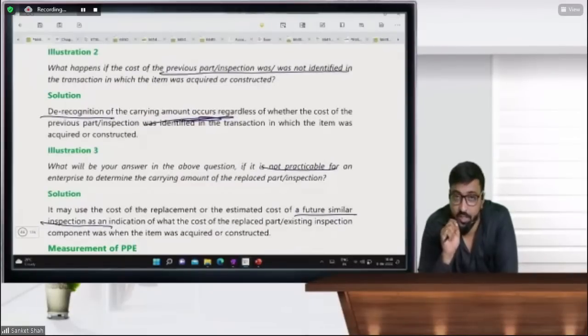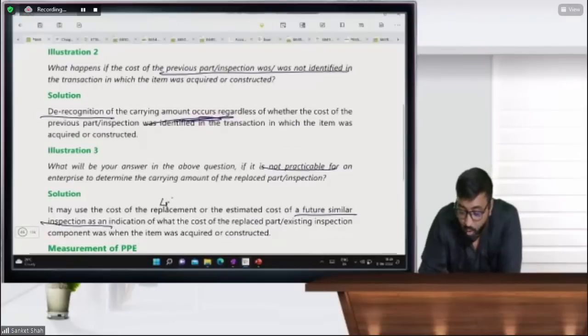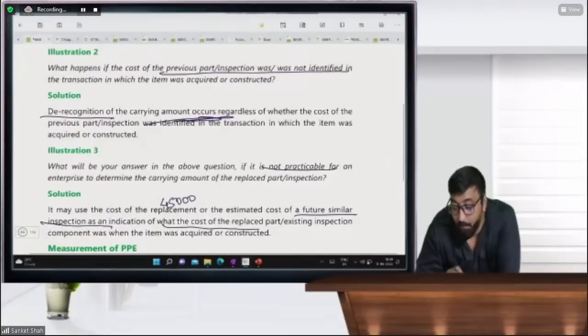Okay, Nalini ji. Suppose it is not practicable, in that case how to recognize or derecognize it? It may use the cost of replacement. For example, new replacement cost is 45,000 and the estimated cost of future similar inspection as an indication of what cost you replaced.